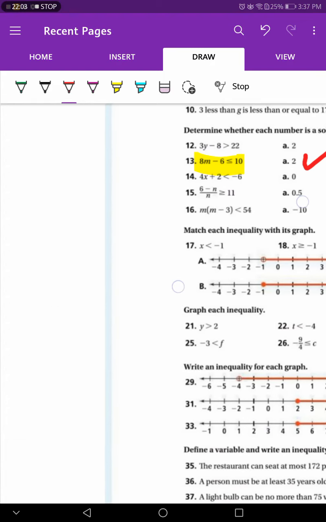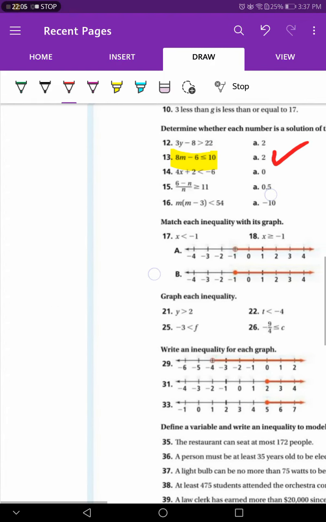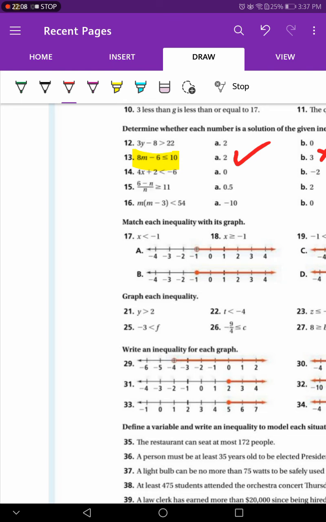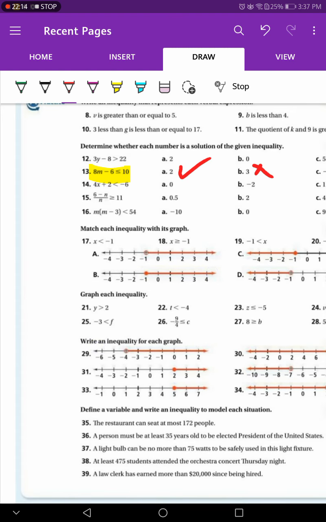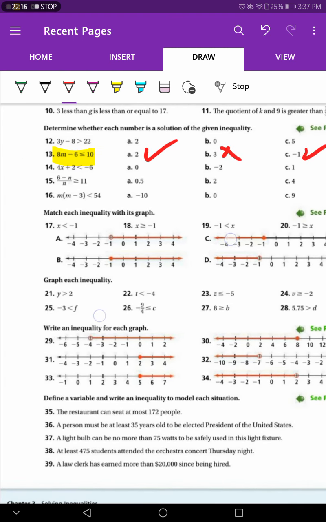Let us take number 15. It is not 14, it is 16, because it is different. Here my advice to you is to make substitution directly.